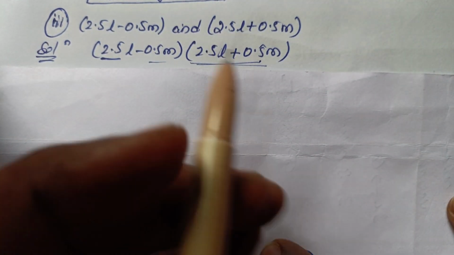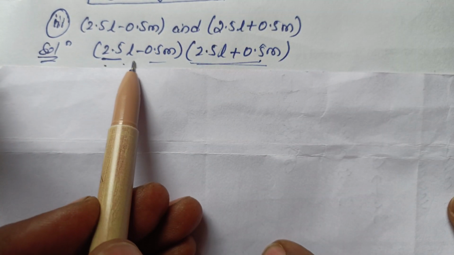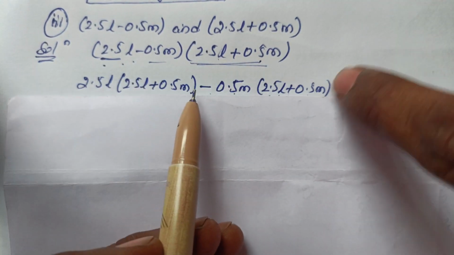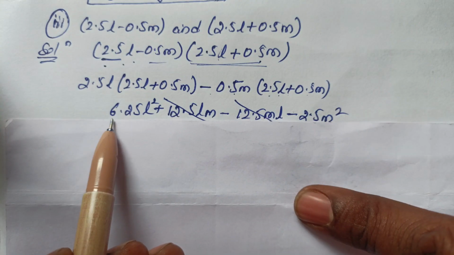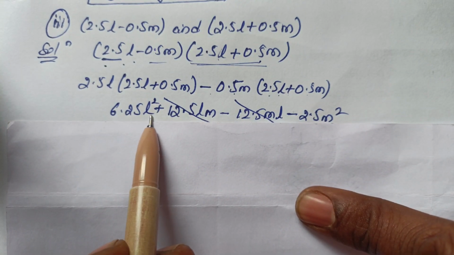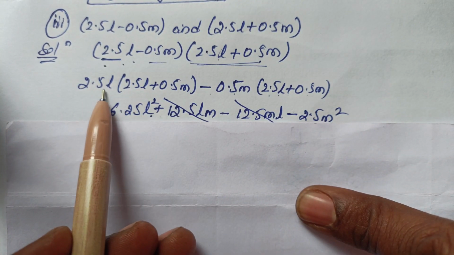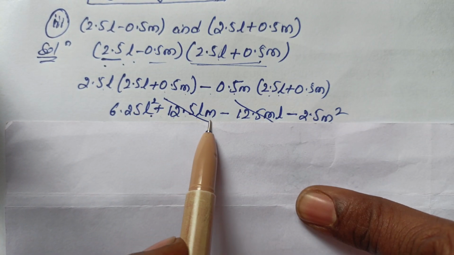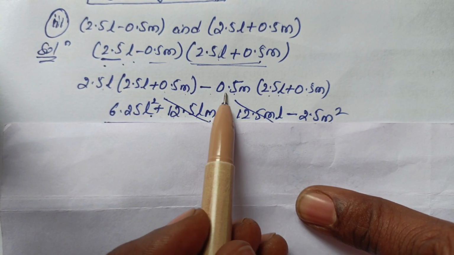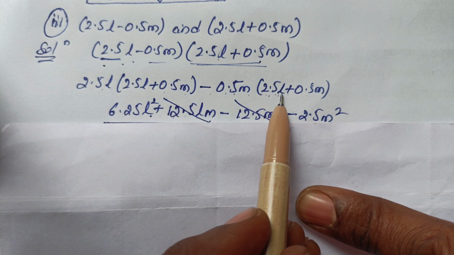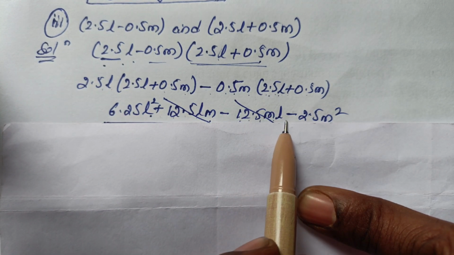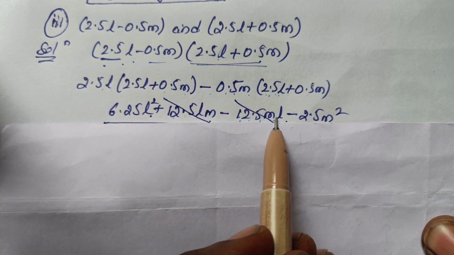Here when we multiply 2.5 l into 2.5 l, we will get 6.25 l square, and when we multiply 2.5 l into 0.5 m, we get 1.25 lm, minus as it is, 0.5 m into 2.5 l, we will get 1.25 lm.